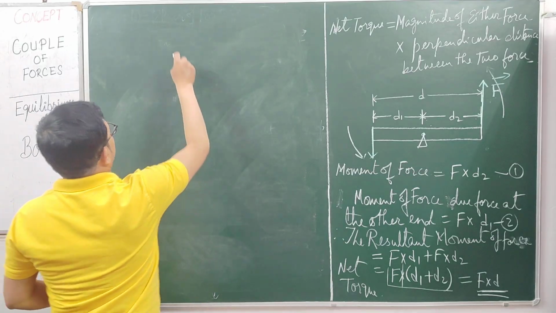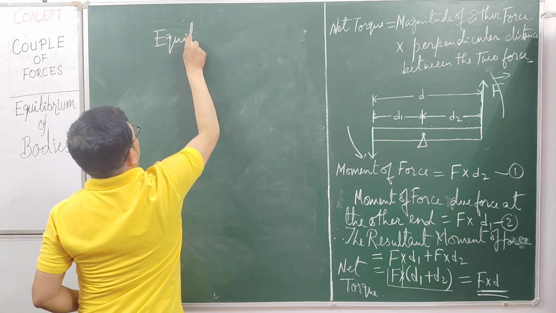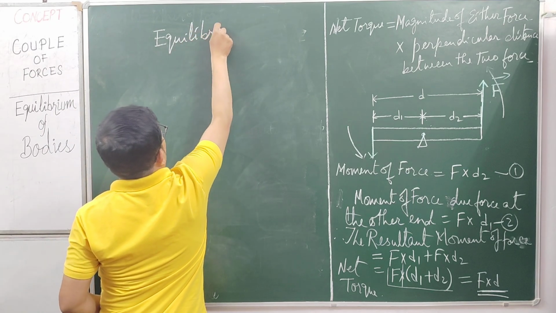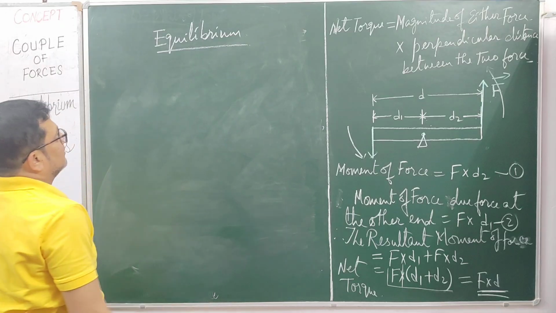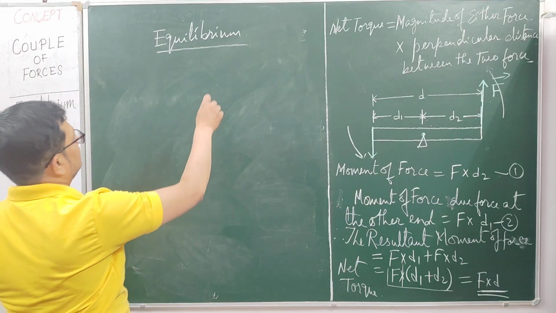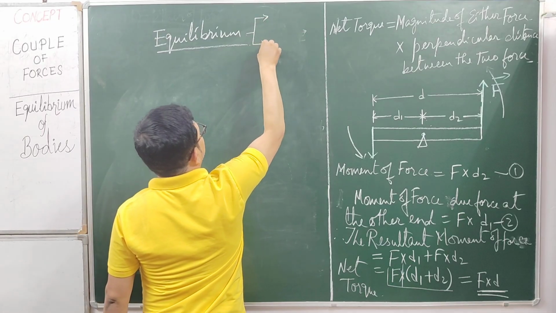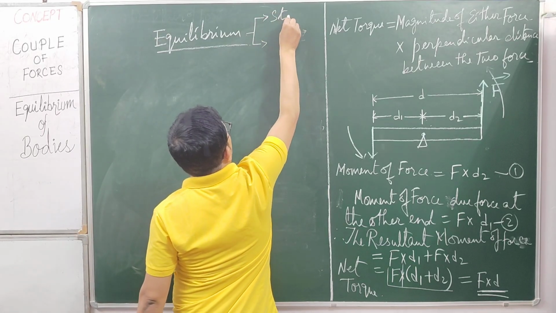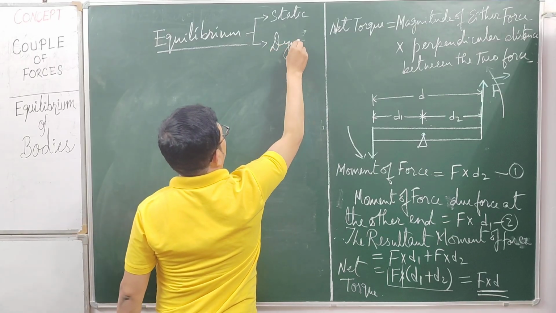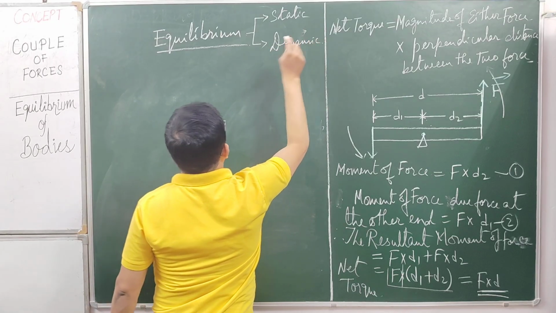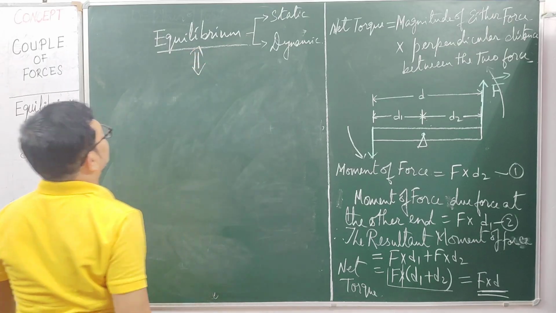So we'll try to understand what the equilibrium condition means. In this equilibrium condition, we'll discuss two kinds of equilibrium, static and dynamic. But first, let's understand what we mean by the term equilibrium.